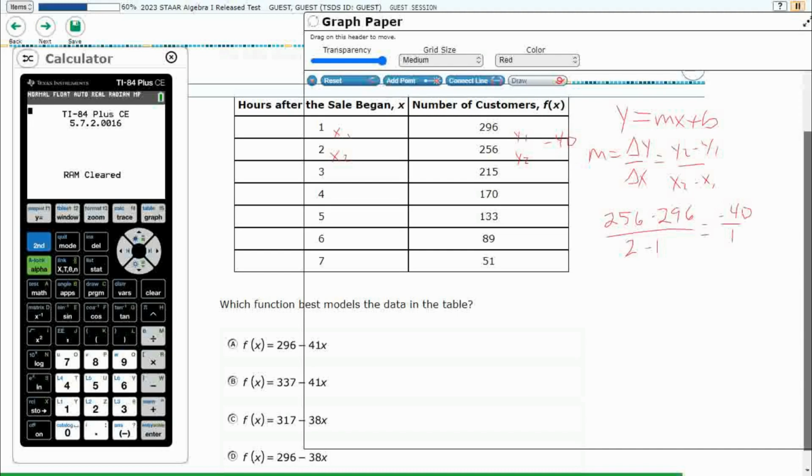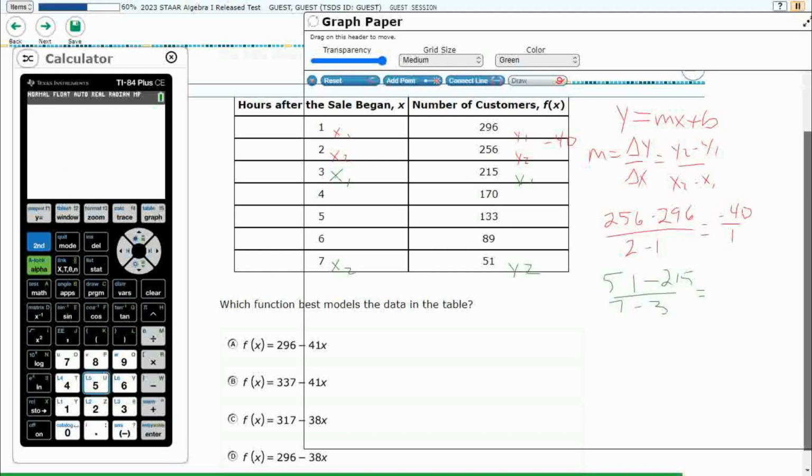So this one looks like it's a negative 40 slope. But since it's a real-world situation, you don't want to just lift off of that one, so let's do another set. Let's say this is my x1 right here, and let's make this my x2. Let's make that my y1 and that my y2. So now I'm going to have 51 minus 215 over 7 minus 3.